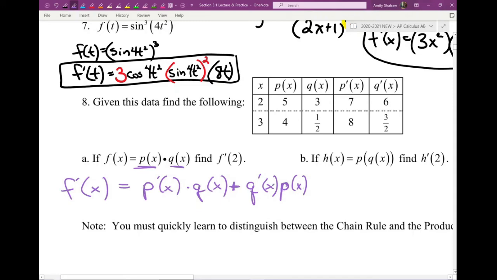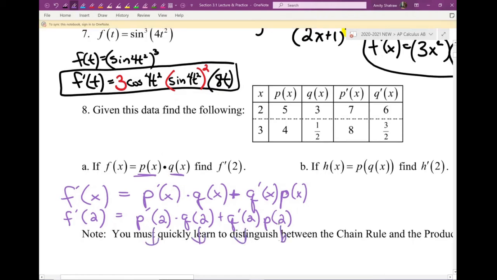So there you go. And by the way, if I want to do f prime of 2 for this, then I would say find what p prime of 2 is and multiply that by q of 2. Find what q prime of 2 is and multiply that by p of 2. And the numbers that I get here, I've run out of room, but I'm sure you can follow. P prime of 2 will be this guy, so I'm going to get a 7.